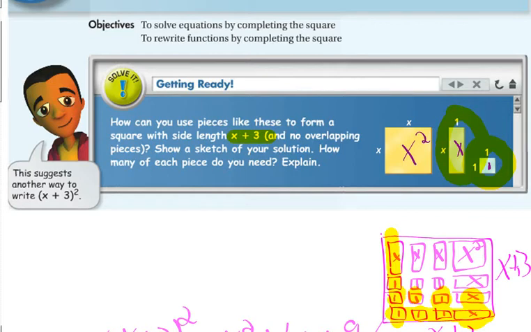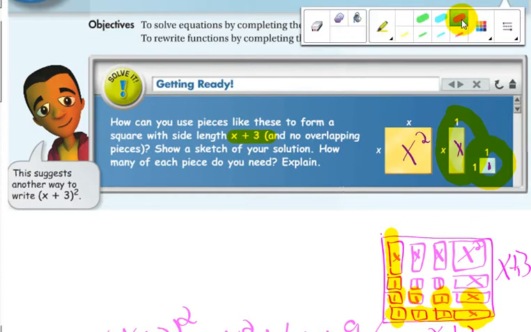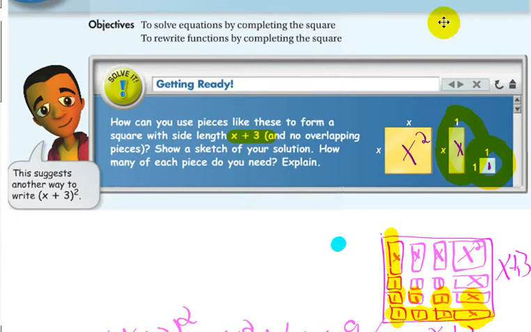Now let me switch my highlighter color so this will show up a little differently. Actually, I'm going to use blue. Okay, so now 1 times 1 is 1, 1 times 1 is 1, and x times 1 is x.